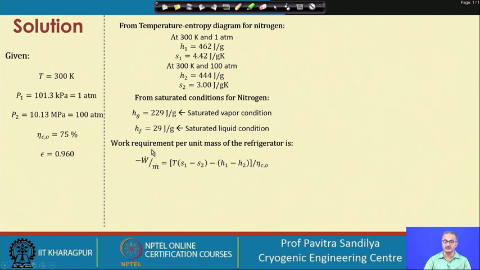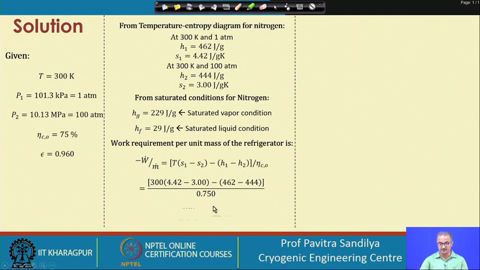From the expression we derived earlier for the work per unit mass of gas compressed, we plug in the values of temperature, entropies, enthalpies, and the overall efficiency of the compressor, and we find the work required for this refrigerator.